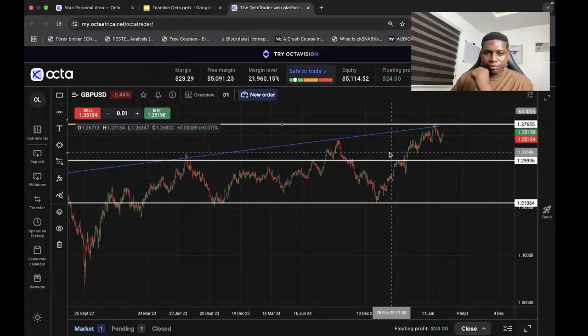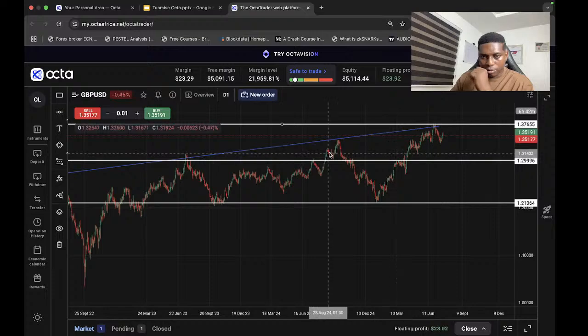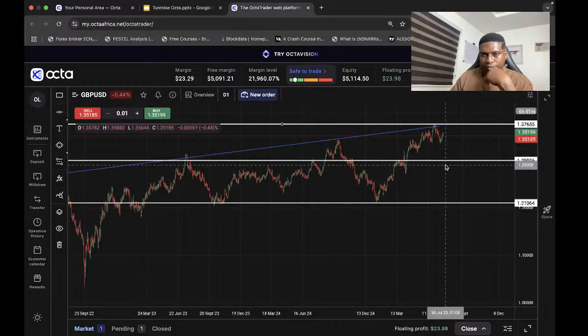We can see how price bounced from here, moved up, broke out, came back, broke downwards, then went up again, rallied at the resistance level, broke out from the resistance level, and is currently on bullish momentum. This is what we want to examine in order to forecast what price is going to do next. So for that we are examining the higher time frame, which is the daily time frame.